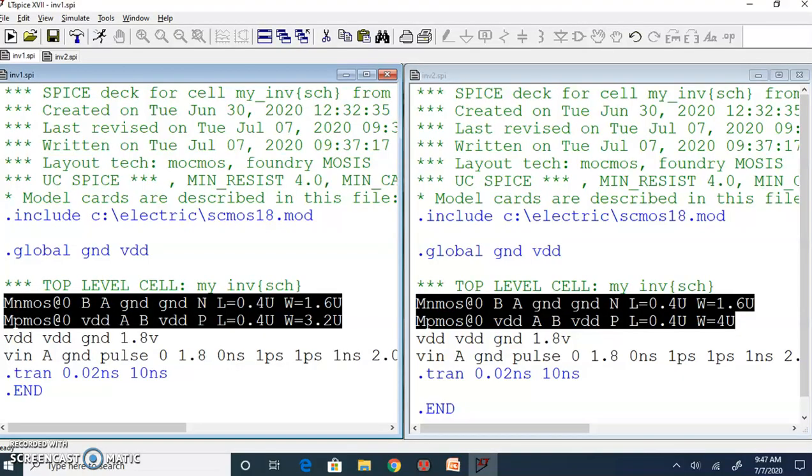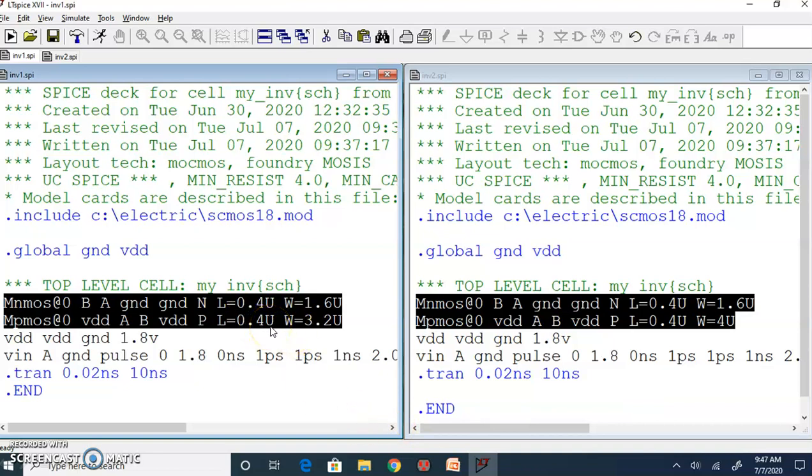Over here in inverter 1, I have taken the W by L ratio of NMOS as 8 by 2 and the W by L ratio of PMOS as 16 by 2. So you can observe that for my NMOS, L is 0.4 micrometer and W is 1.6 micrometer.